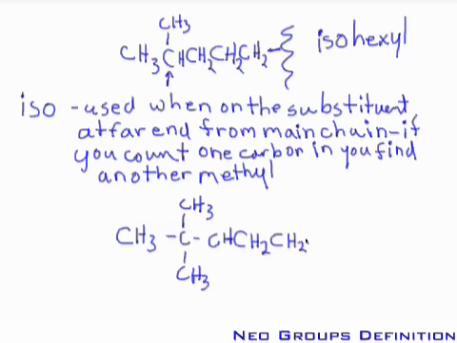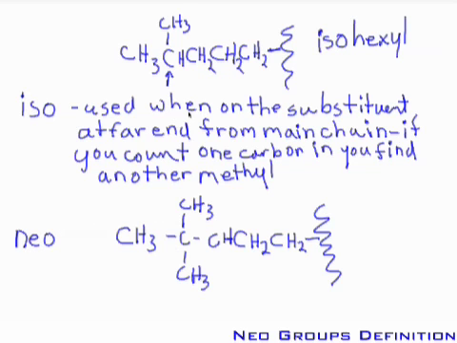Let's try something like that. And we had a squiggle. What's interesting is when I go to the end of the chain of the substituent, I count in one carbon, I see 2 more methyl groups off that carbon. If there's 2 methyls on the second carbon in from the far end, then the prefix neo is used.